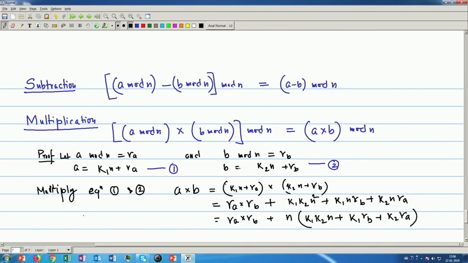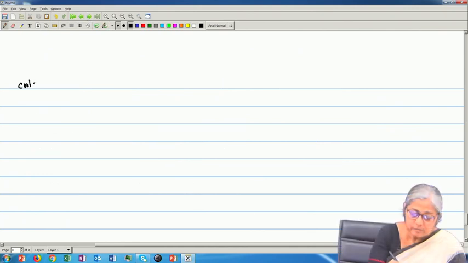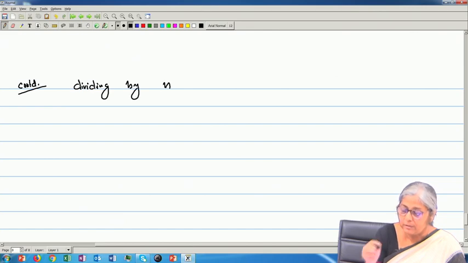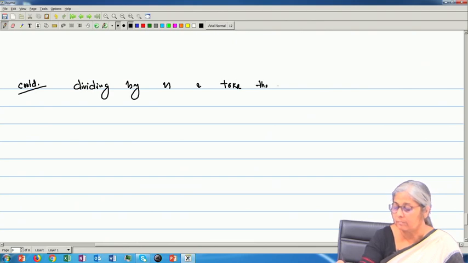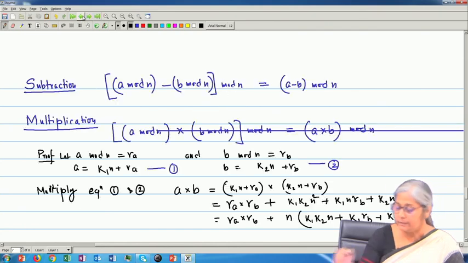Now, similarly, if I divide A into B by n and take the remainder, we get A into B modulo n is only R_A into R_B, because again n is there.